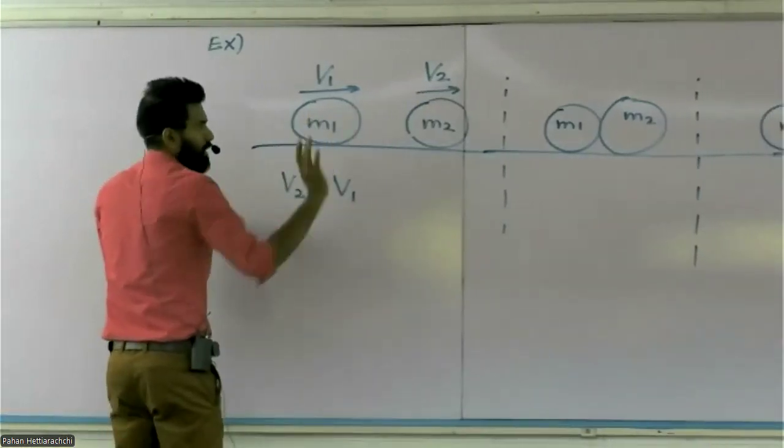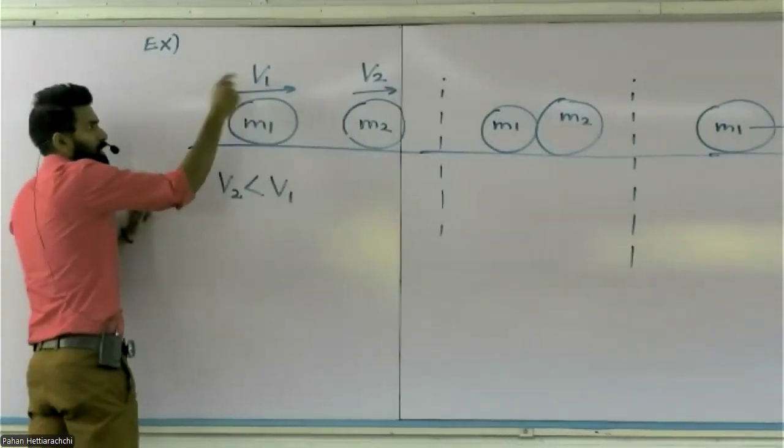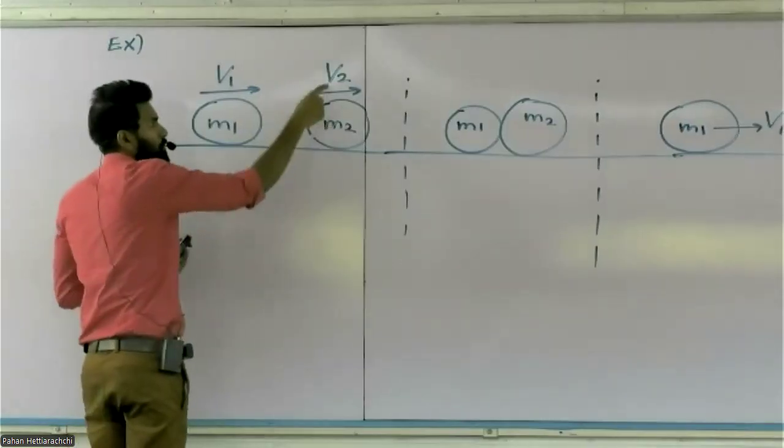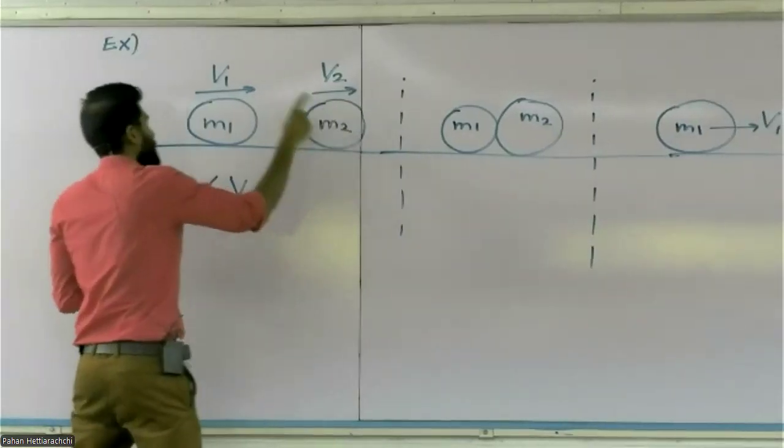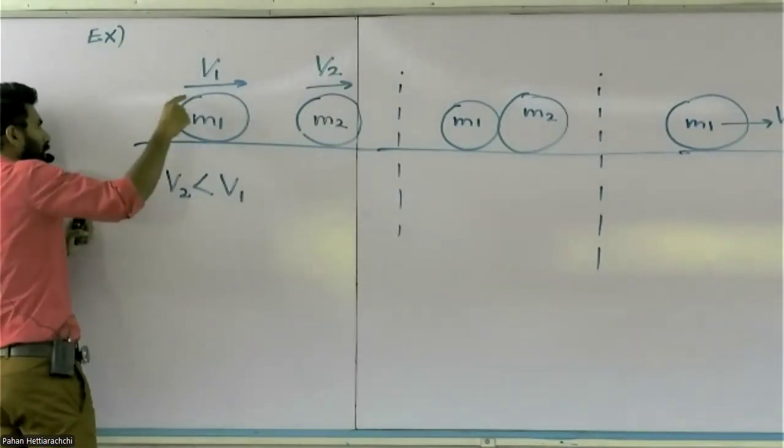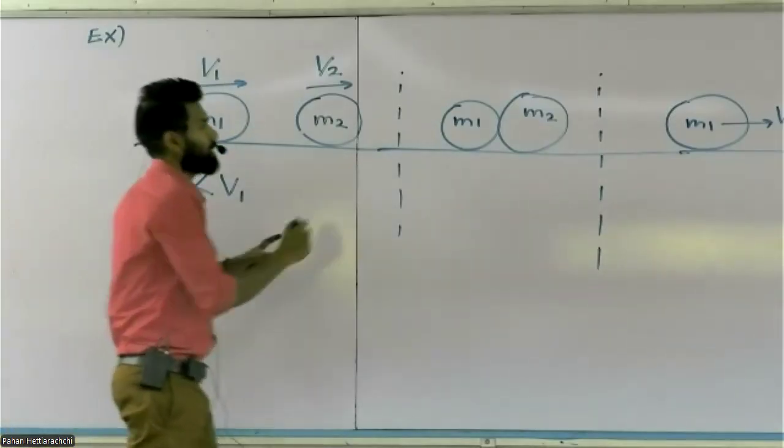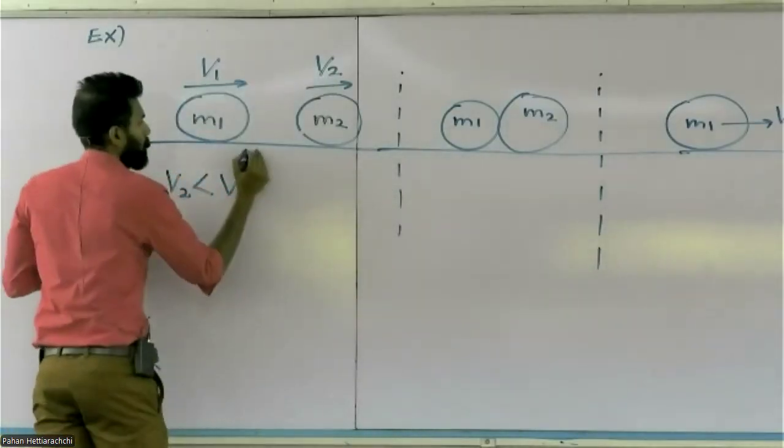Okay. So this is the one. Mass m1 with the velocity v1. Mass m2 with the velocity v2. As v2 is smaller, v1 will hit it from behind, and there's a collision. So this is before the collision.